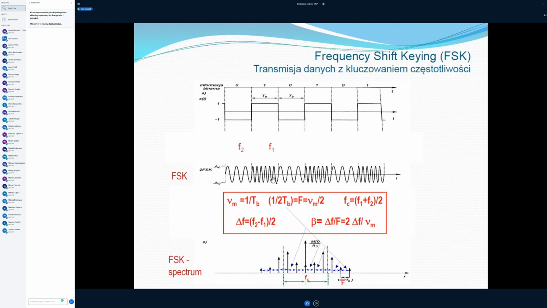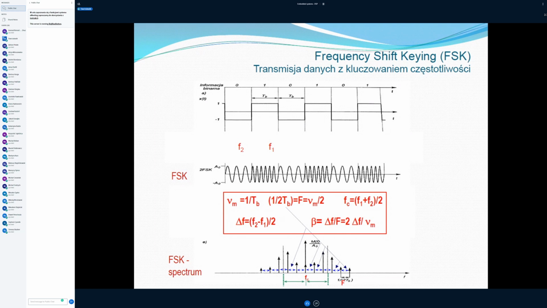Well, 100 hertz and 200 hertz, so it will be twice 100, it's 200, plus 200, is 400, divided by 3. No, not by 3? By 3, yes, by 3. And we would have the carrier frequency.